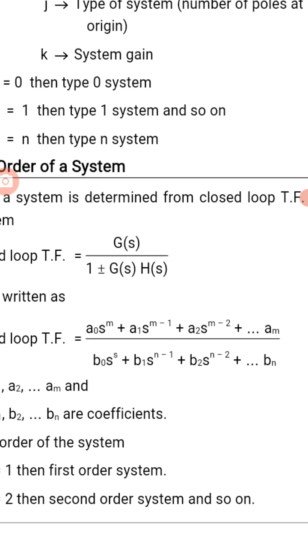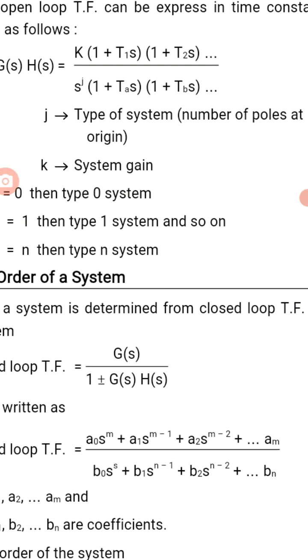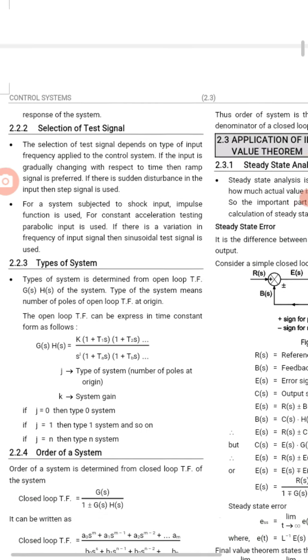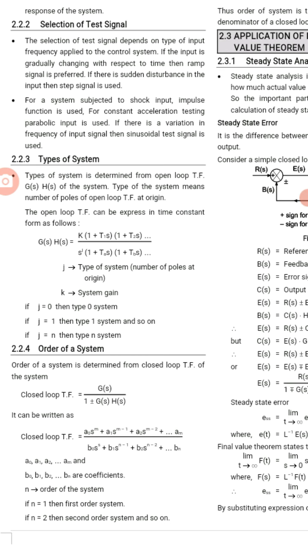If the order of the system is 1, the output will settle immediately. If the order of the system is 2, it will settle earlier than order 1.